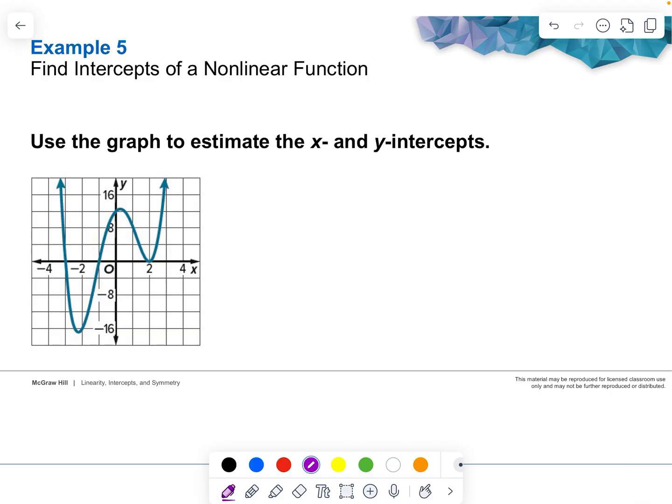Draw that graph as best you can, and then we will estimate the intercepts. It looks like it crosses or touches at least the x 3 times. So our x-intercepts are -3, -1, and 2.